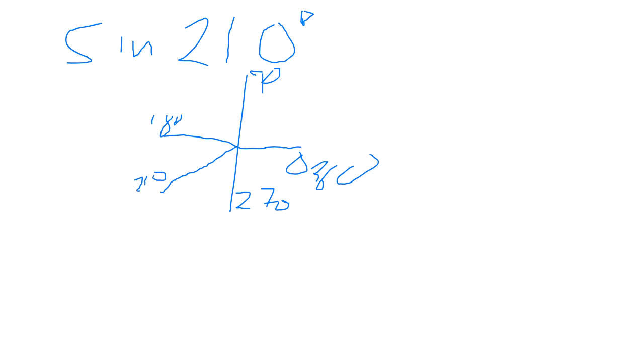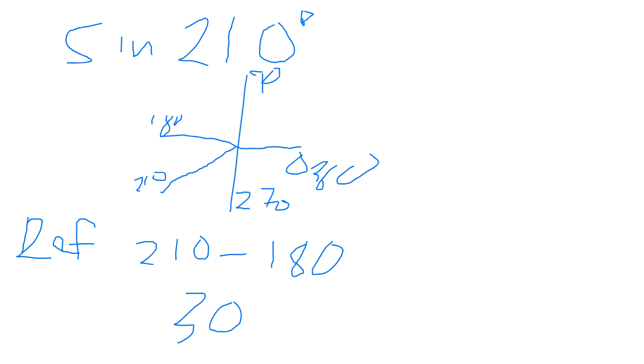So our reference angle: the nearest x-axis is 180, so 210 minus 180 is going to give us what? 30. Can you see that?